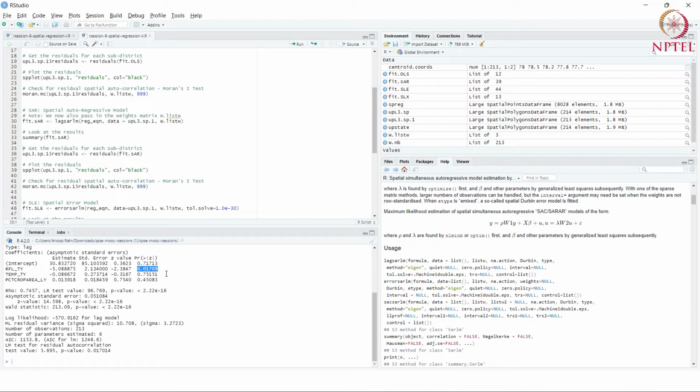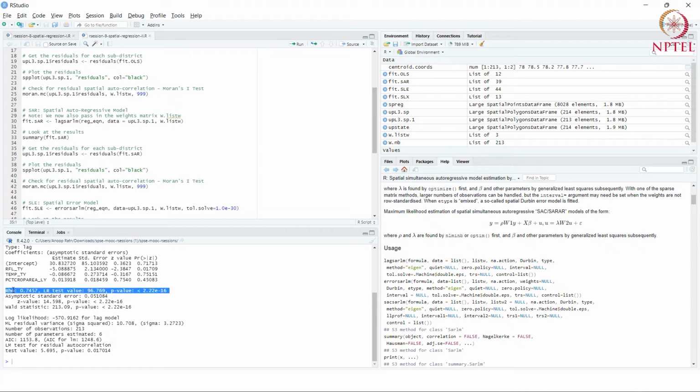The p-value is 0.01, which is less than 0.05. But the coefficient is actually much smaller in magnitude. It went down from -20, which was the value in OLS, to -5. So that seems to indicate a bias.